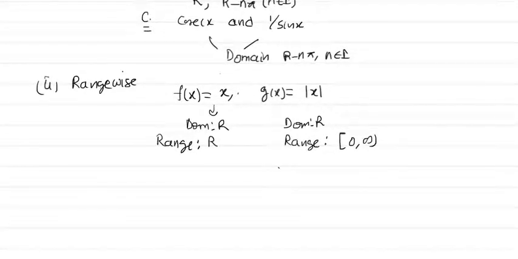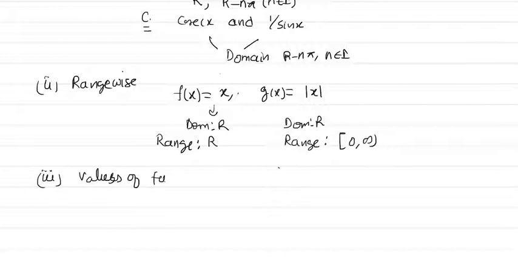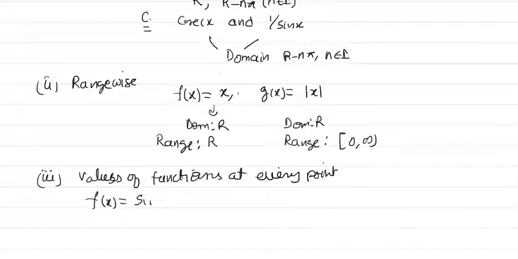Now the third property: values of the functions at every point. Consider fx is equal to sin x and gx is equal to cos x.